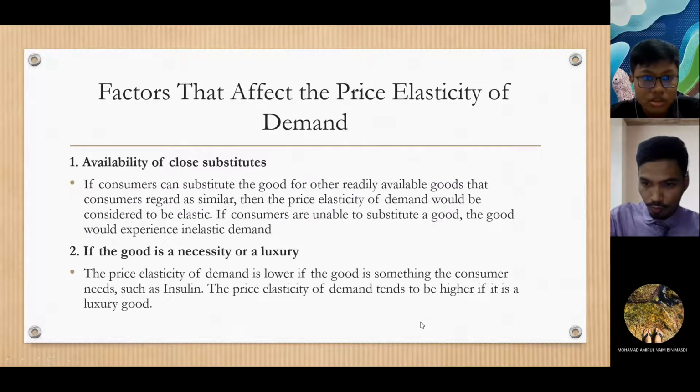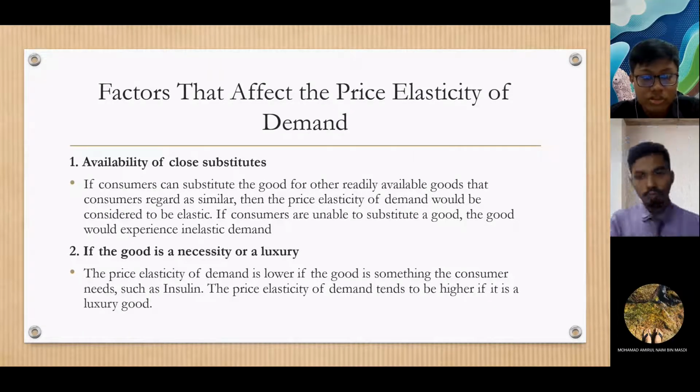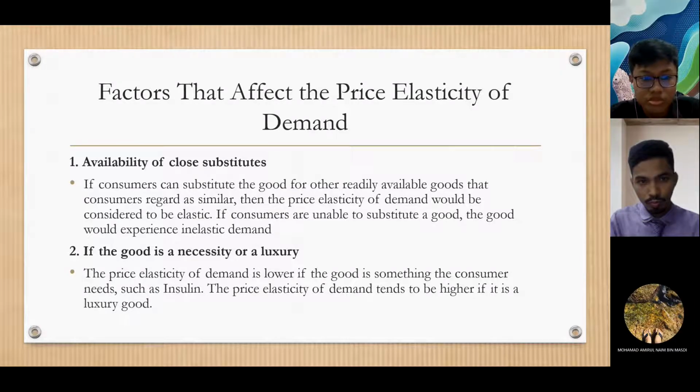Factors that affect the price elasticity of demand. First, availability of close substitutes. If a consumer can substitute the good with other readily available goods that consumers regard as similar, the demand will be considered elastic.